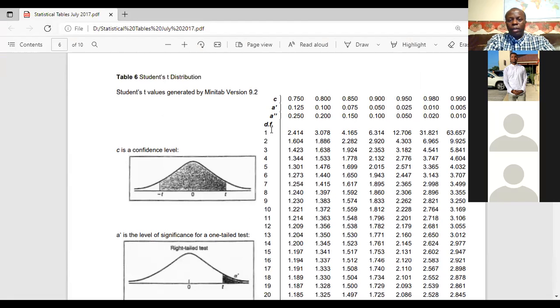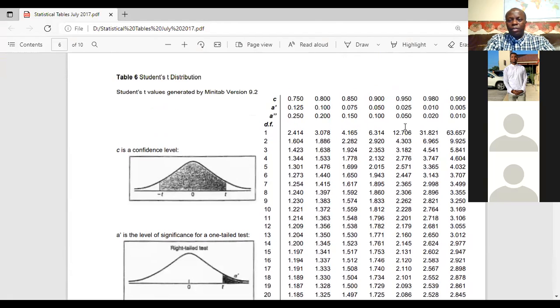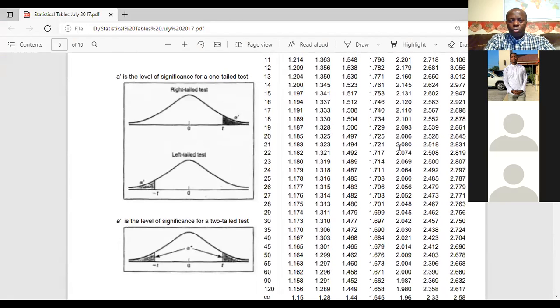So you look under the degrees of freedom 21 and 95%. See 21 right here. The answer becomes 2.080. So t alpha over 2 equals 2.080. We found it: 2.080.